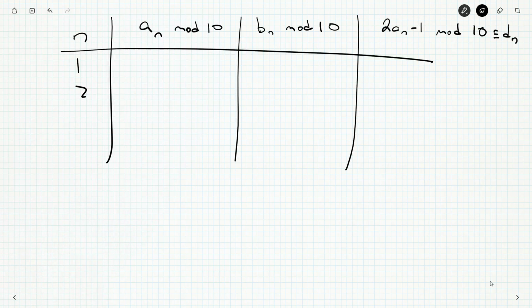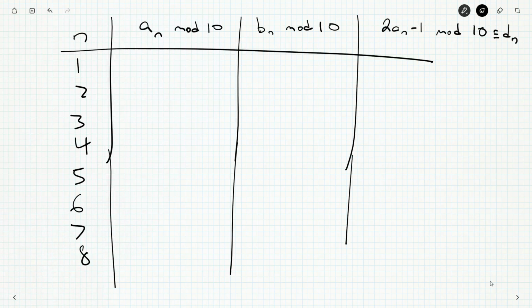So we have 1, 2, 3, 4, and this might be a little faster and get me a better idea of what's going on. I don't know if I'll be able to get up to 8, but so we have 5, 2, we have 9, 0. And then the 5 times 9 plus the 0 doesn't really matter. So 5 times 9 ends in a 5.